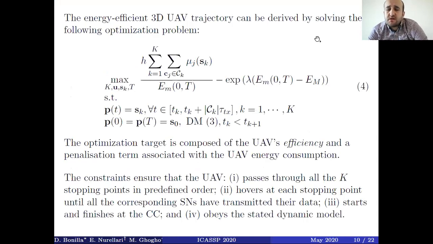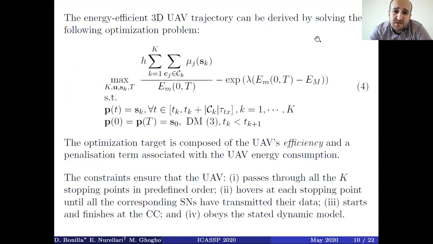Right, so the next thing is, what is the optimality criterion that we adopt in this case? For this particular paper, what we have proposed is to optimize the energy efficiency of this data collection trajectory.